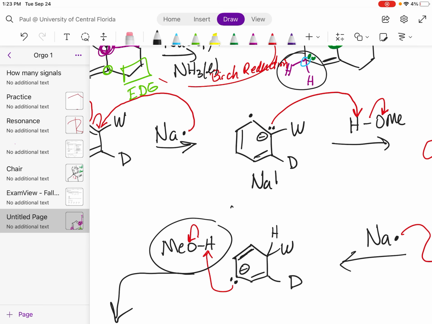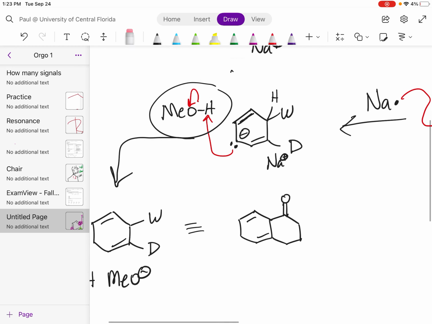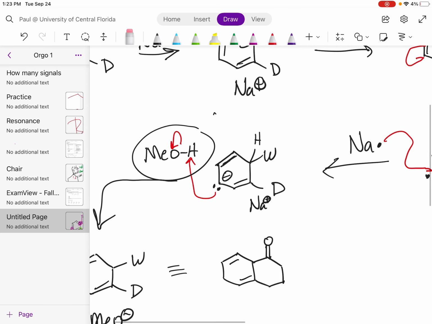We'll just have a sodium plus and a sodium plus. Okay, just floating around. Once it's the cation, it's just going to be a spectator ion. But that is the mechanism for how to do that reaction.